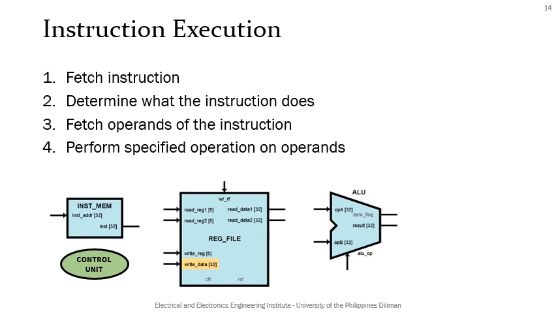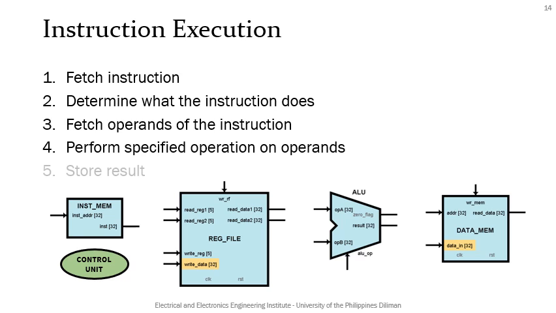We then process the operands as specified by the instruction using the arithmetic and logic unit or ALU. Lastly, we store the results in the location identified on the second step. Aside from the register file, the result can also be saved in the data memory for store words or the PC for branches. Alternatively, we can read from the data memory and store into the register file as with loads.